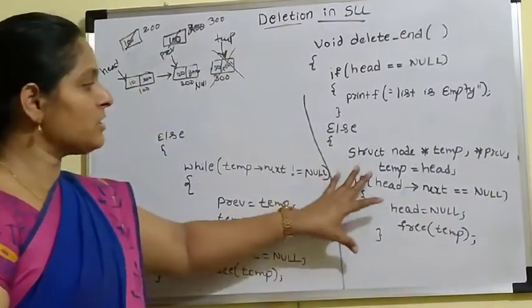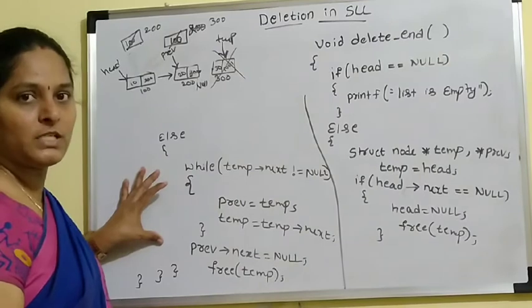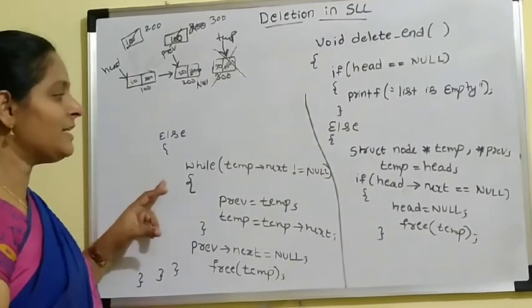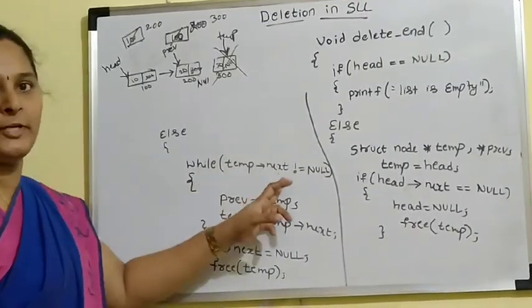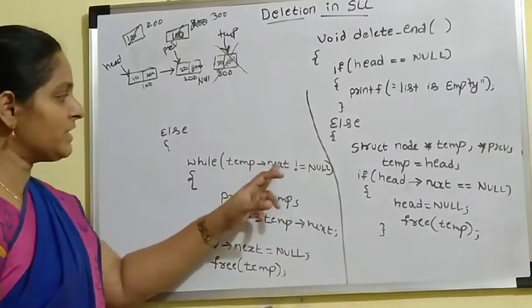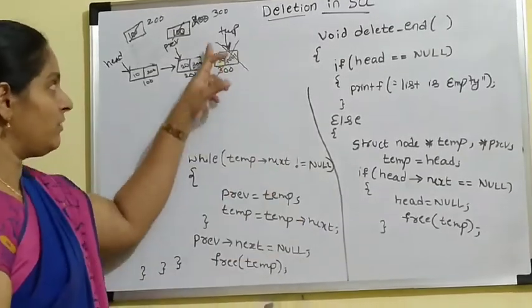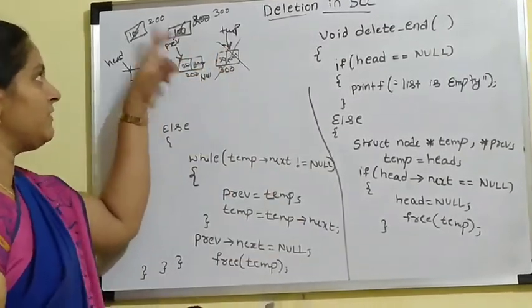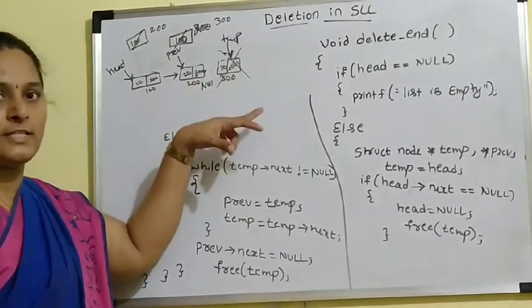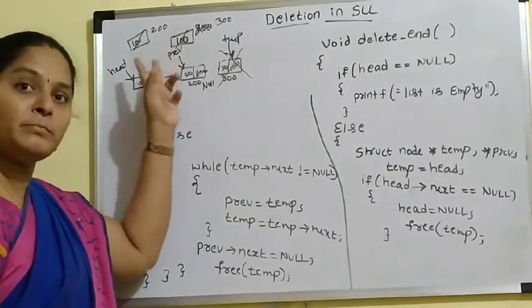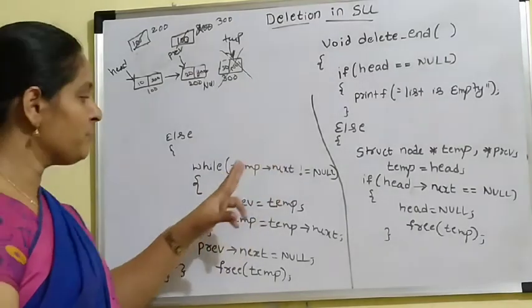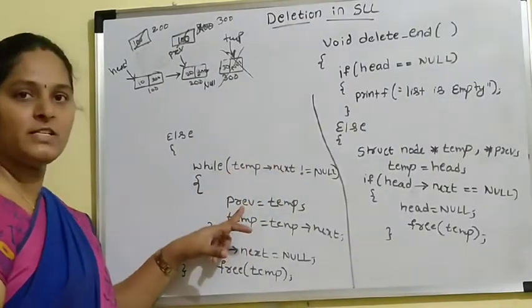Suppose the list contains multiple elements, then we need to move the temporary pointer until the last element. While deleting, we should place the previous node's next field as null. To do that, we need to maintain one more pointer, previous.